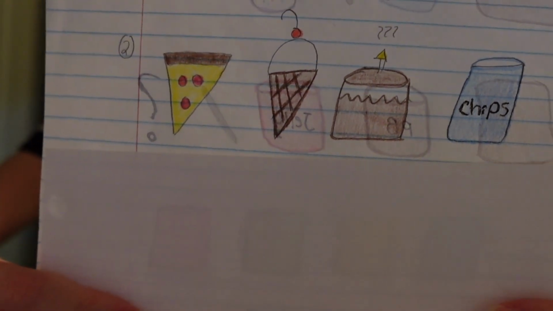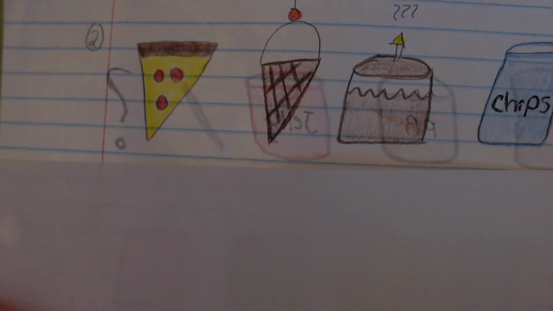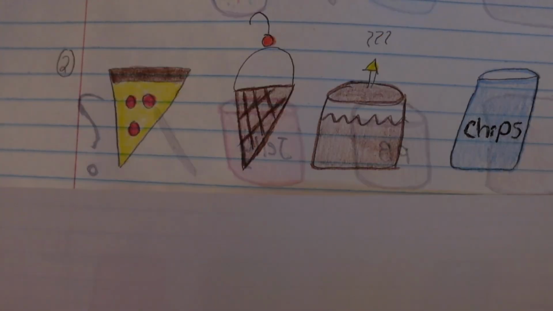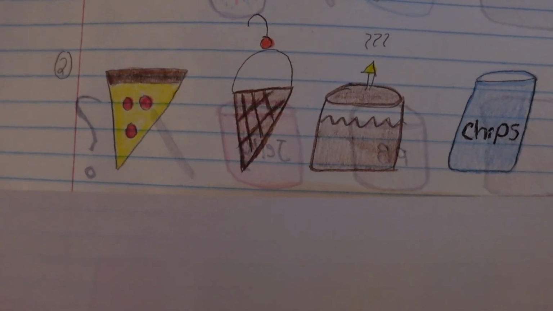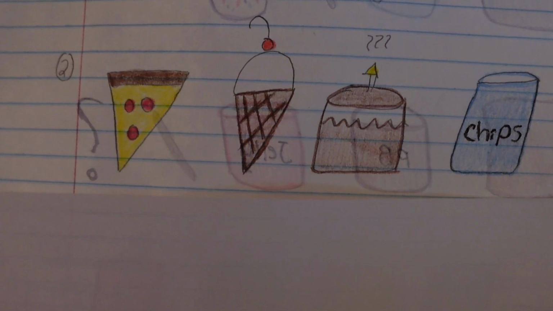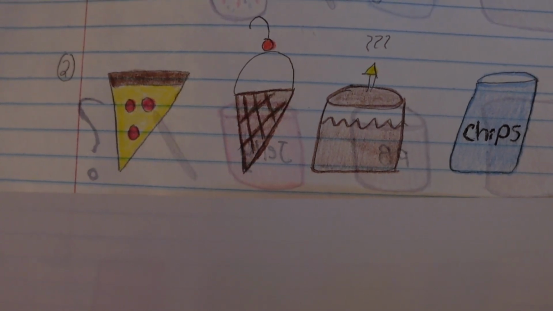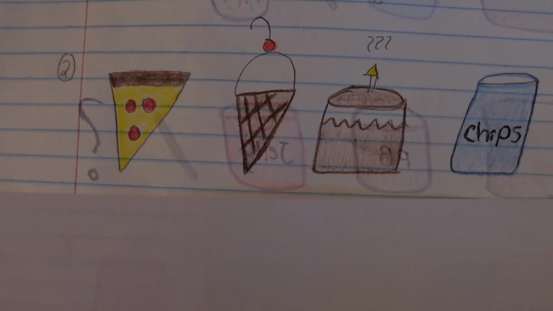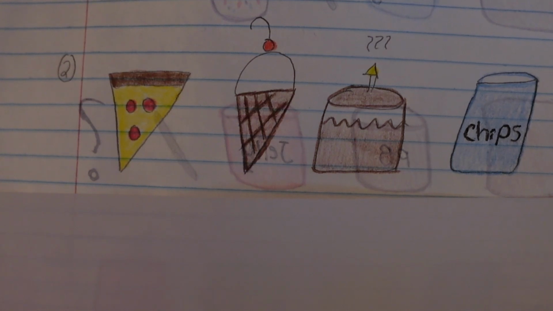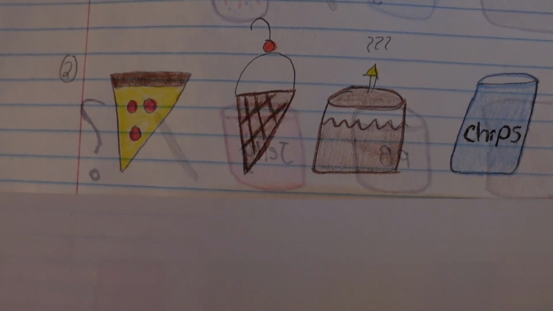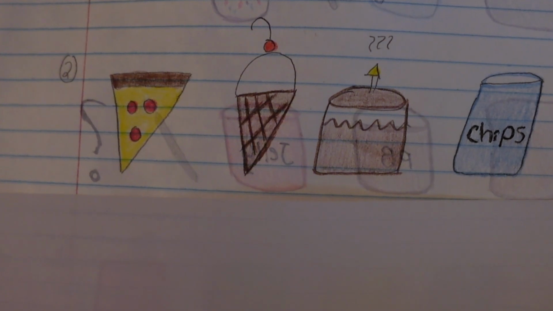So, which one of these is the odd one out? Is it pizza or ice cream, cake, or chips? Think about it.